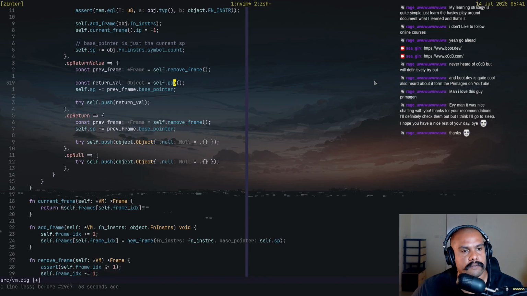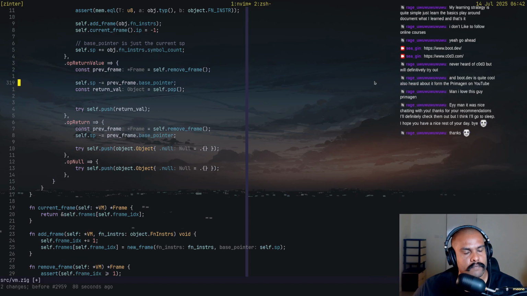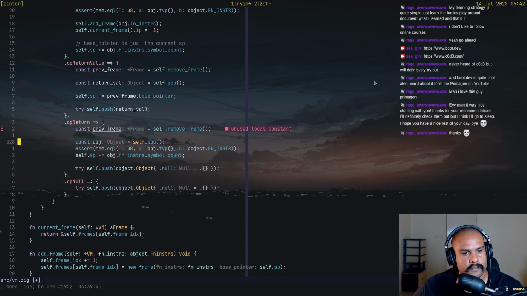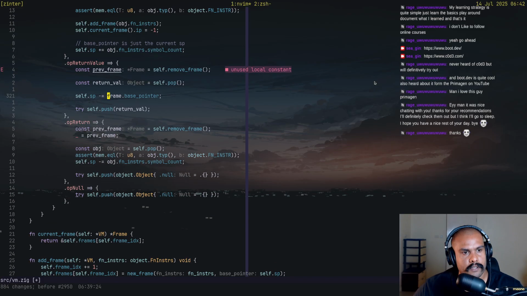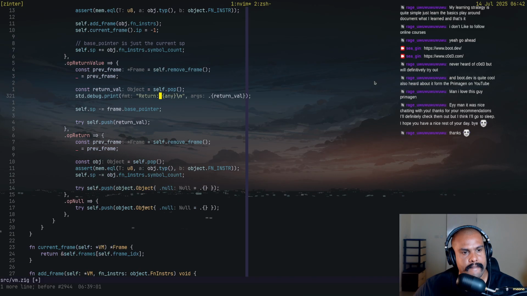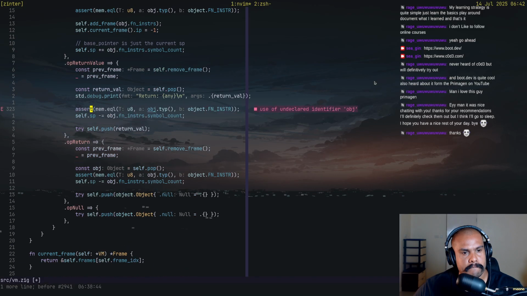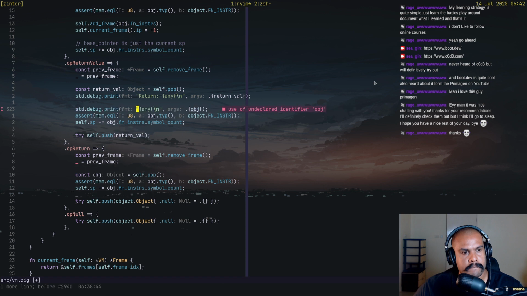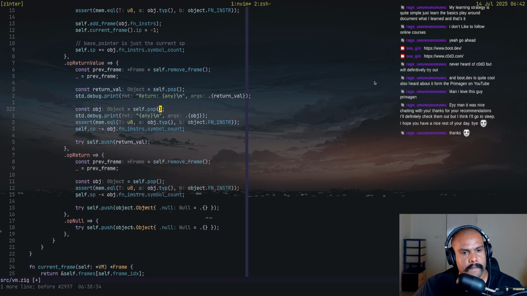Actually, I know why I didn't want to do minus 1. I wanted to assert I was removing the right one. Yeah, now I remember.